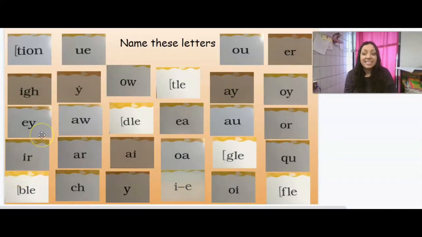Then what about this one? Digraph EY. What do you think? Digraph AW. Final syllable DLE.